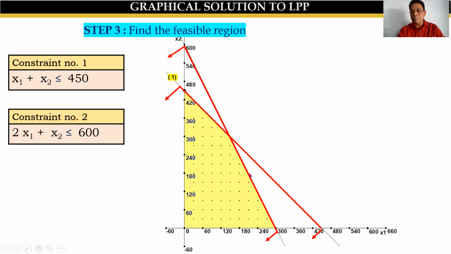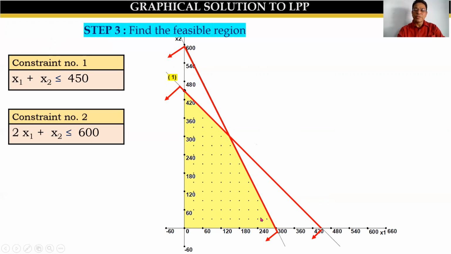Now on this boundary, we have better options as compared to the region inside the boundary. So although this is a feasible region, it is not the optimal feasible region. The optimal solution lies on the boundary. So we are not interested in this region, but only in this boundary.